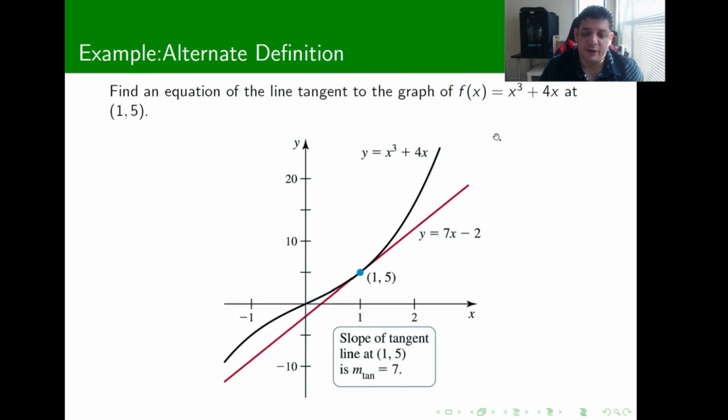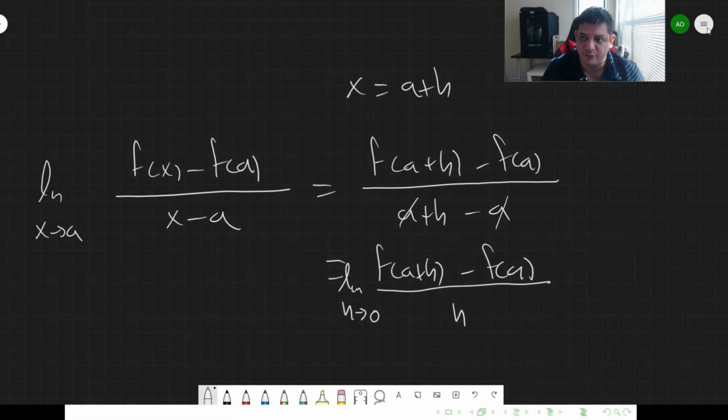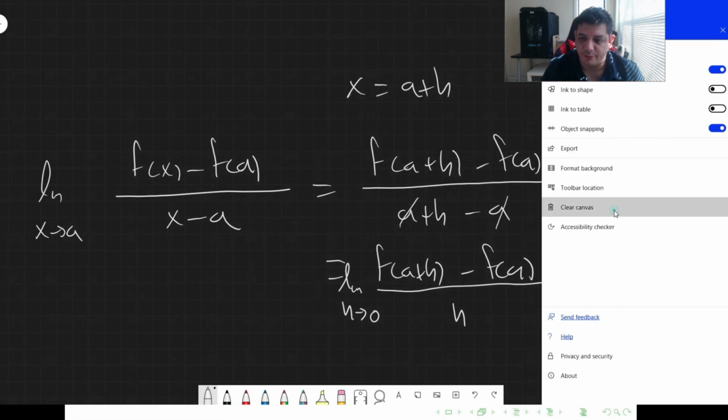Now let's make another example here and find the equation of the line tangent to the graph of x cubed plus 4x at the point 1, 5. Okay, so we're going to get, and now you can see here that the line is going to be 7x minus 2 on the point 1, 5. But let me show you how you get to that point on the board.